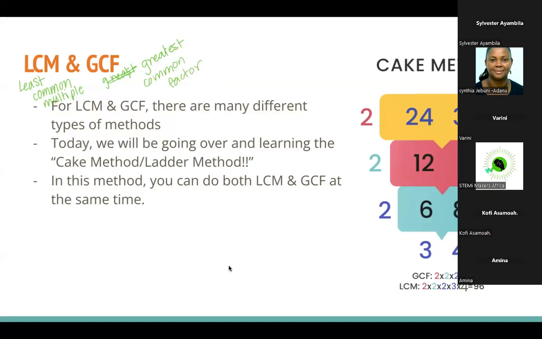LCM is basically what multiple they have in common and what's the smallest multiple, and GCF is what's the greatest factor they have in common. Today we'll be learning the cake or ladder method, and you can do LCM and GCF at the same time using this method. So that's why we're going to go over it.